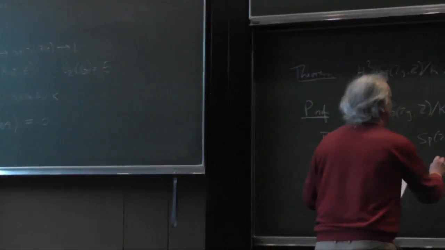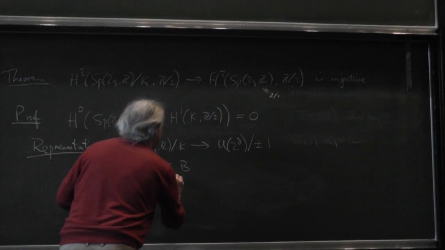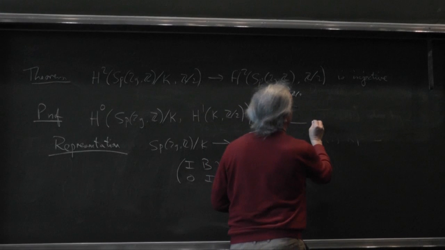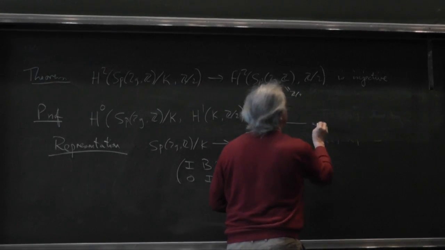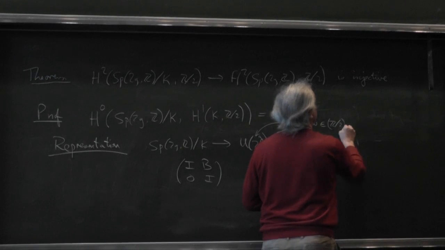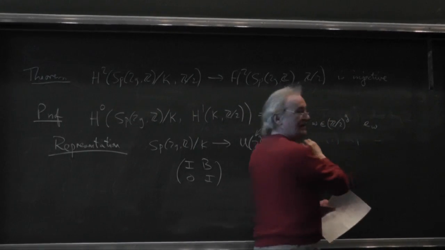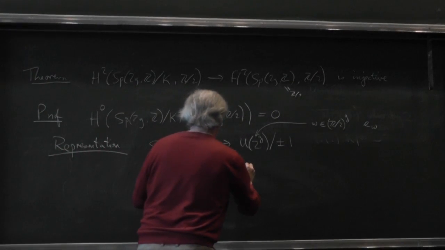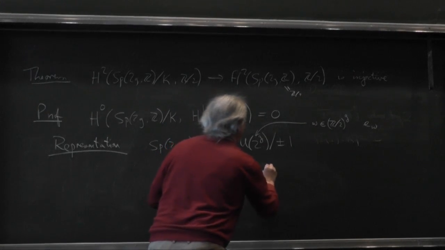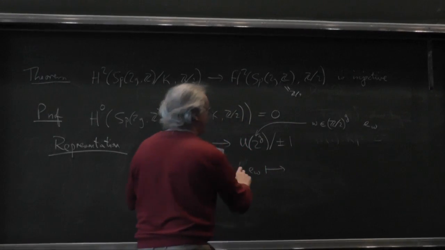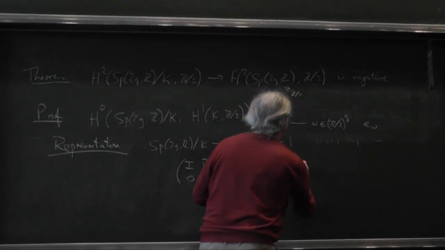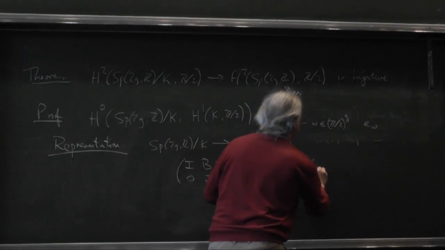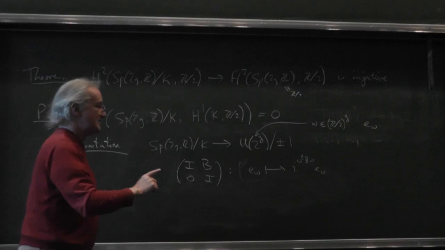So I'm just going to write down some matrices for you. So the basis of this 2 to the g dimensional space is, for each W in (Z/2)^g, I'm going to write a basis element E sub W. So this matrix sends E sub W just to i to the power of W transpose B W, E sub W. Now why is this well defined?